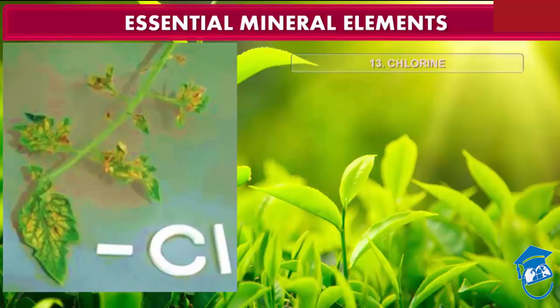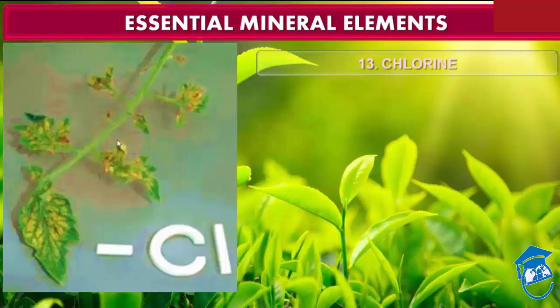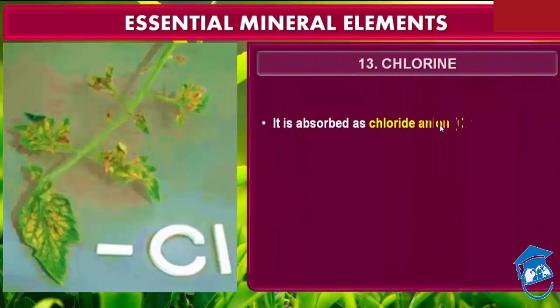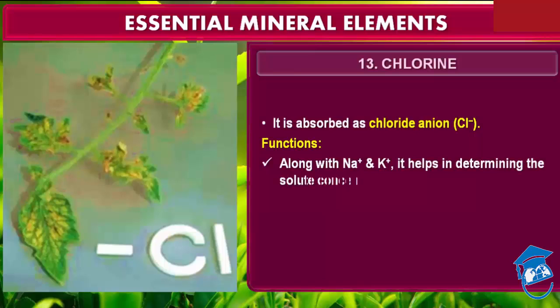Now come to chlorine. Chlorine is absorbed in the form of chloride anion, that is Cl-. See, this is the plant leaf with chlorine deficiency, students. Along with Na+ and K+, it helps in determining the solute concentration, and it maintains anion-cation balance in the cell.